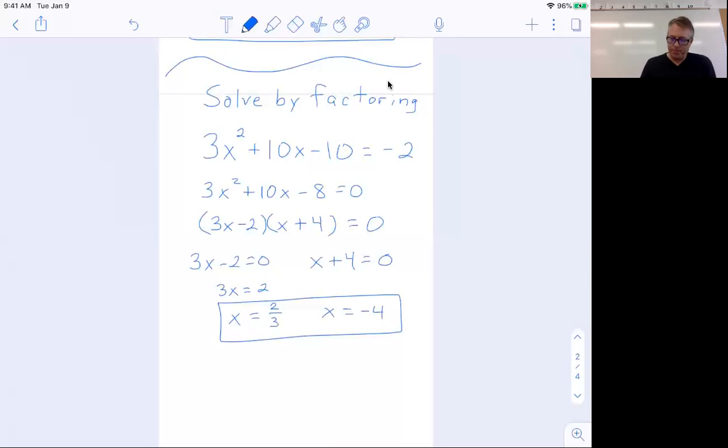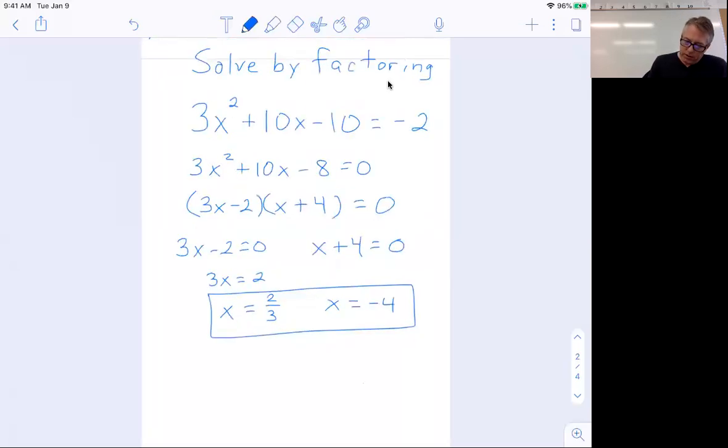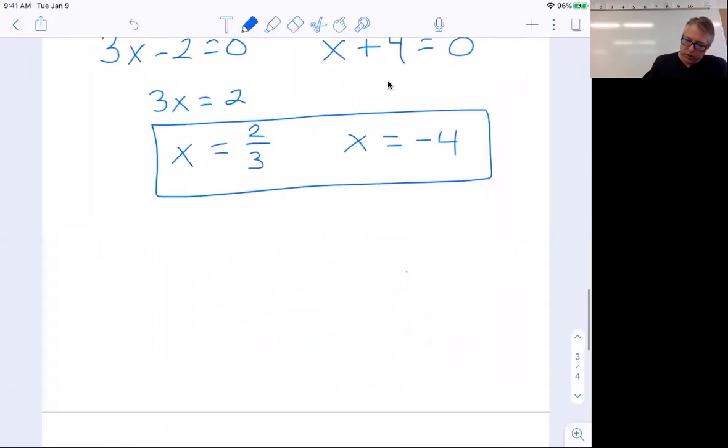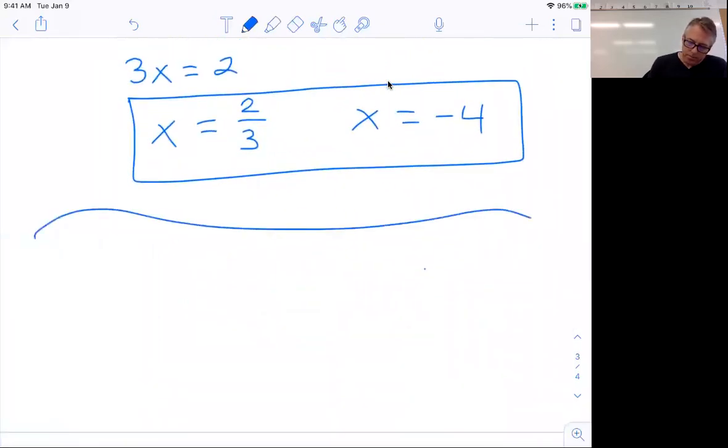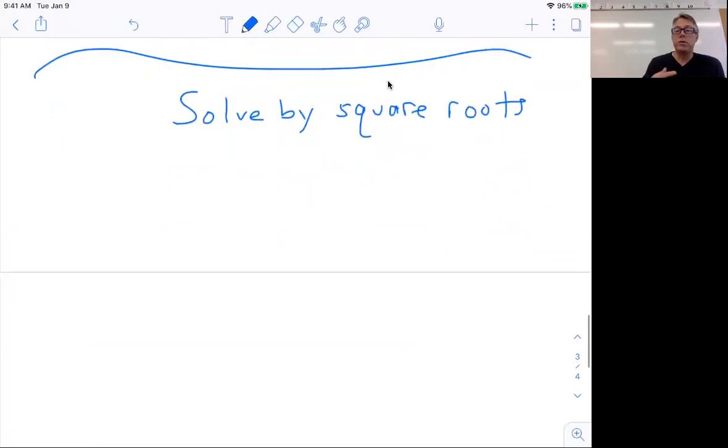We'll do one more. And I'm going to solve the next one by square roots. It's a real similar problem, which we could solve perhaps the same way.